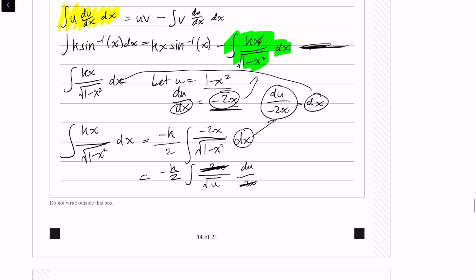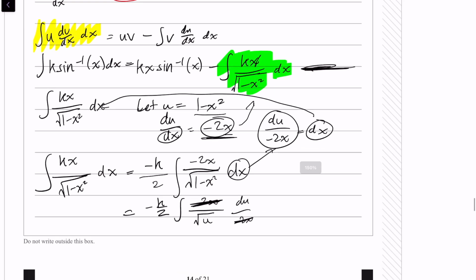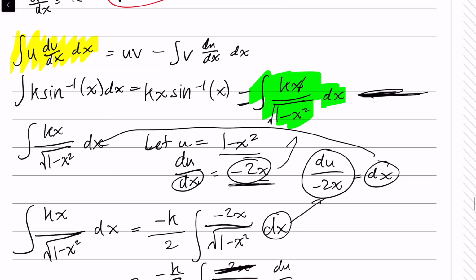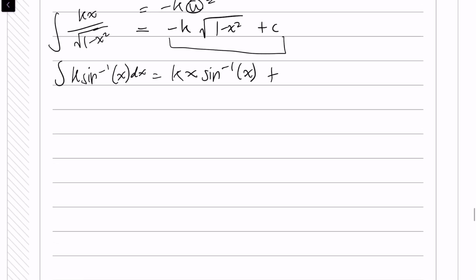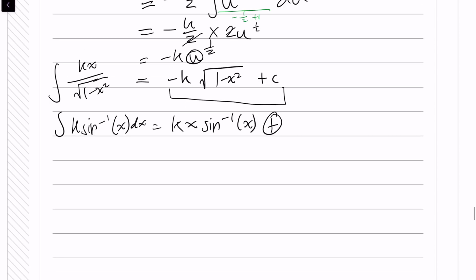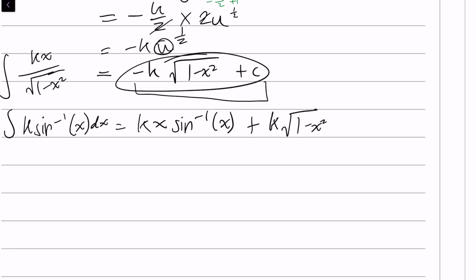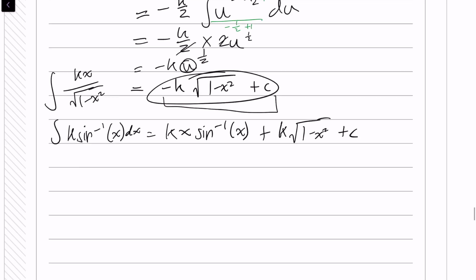But remember, I initially had a minus at the front here because uv minus my integral. So if my entire integral is negative and I'm minusing the integral, then I'm overall making a positive. So that's a key thing as well, not to forget. So plus k times the square root of 1 minus x squared, just what's in our top line, and then our plus c value.